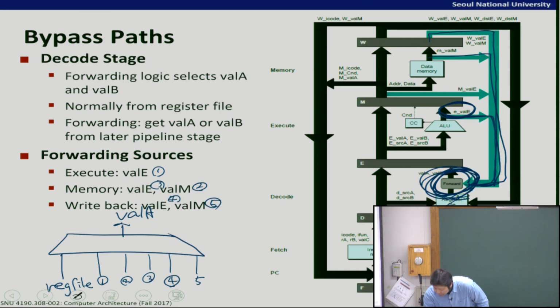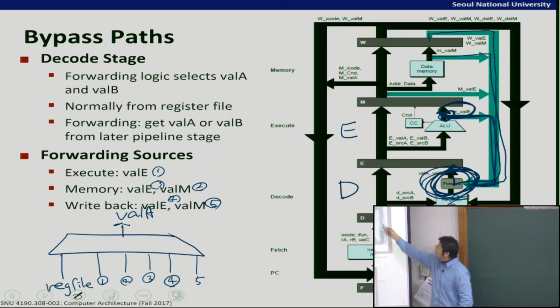In this case, we forward the value from, let's say, the producer in the E stage to the consumer in the D stage, and the value is forwarded from the output of the ALU to the input of the next pipeline stage, like this. This is the forwarding path. So let's say add is computed here and move is here, and there's a dependence between the two.